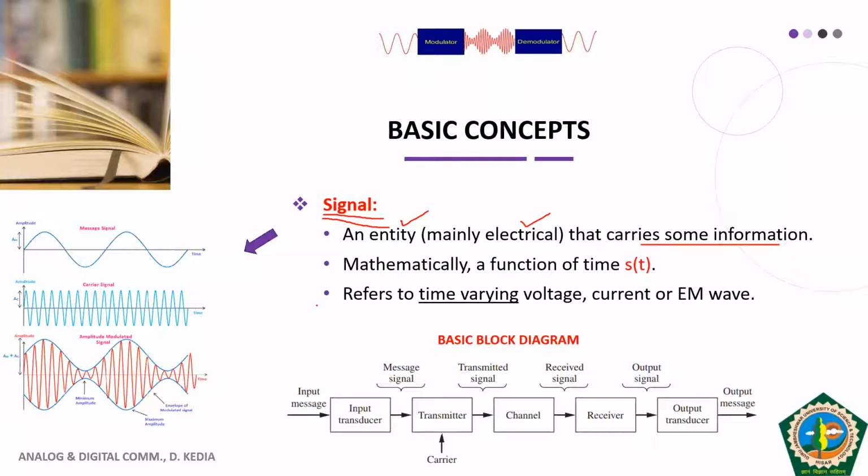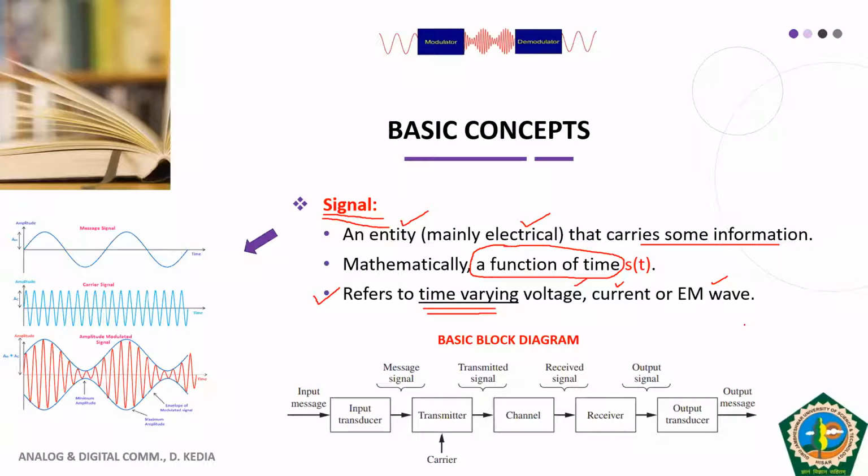Another thing is point number 3, that a signal refers to a time varying voltage, current, or electromagnetic wave, or any other parameter, but it must be time varying. This you have to memorize and remember: a signal is nothing but a function of time.